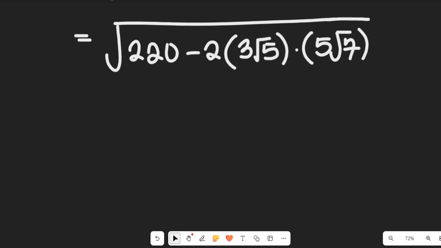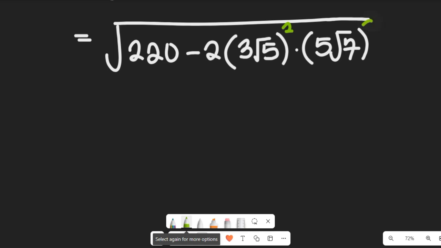But before we do that, I want you to look at this algebraic expression, and we are going to compare this to that algebraic expression. And then let's take the square of this and the square of this. The square of this will give us 3 root 5, right?